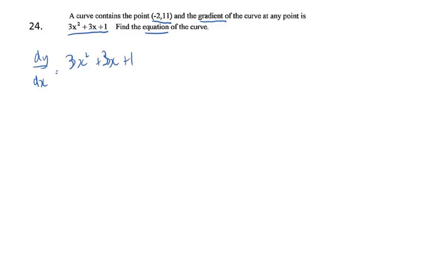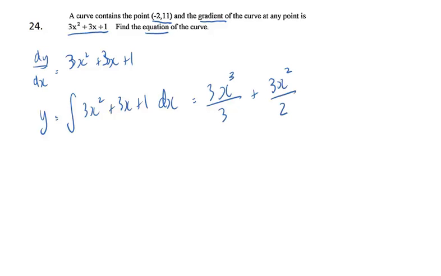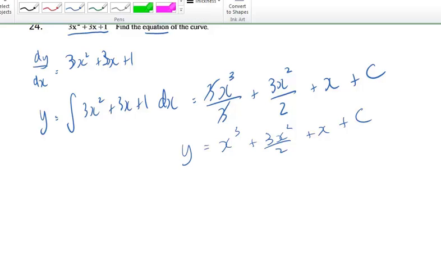So y is equal to the integral of 3x squared plus 3x plus 1 dx. Here this becomes 3x cubed divided by 3, plus 3x squared divided by 2, plus x, plus our constant c. These 3's will cancel out, and so we're going to end up with y is equal to x cubed plus 3x squared on 2 plus x plus our constant c.